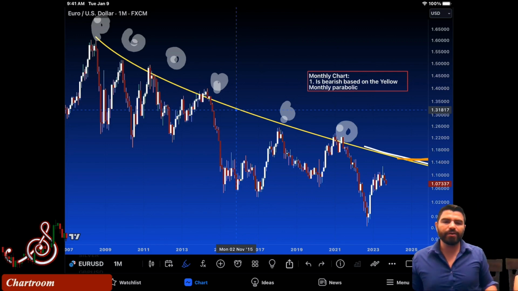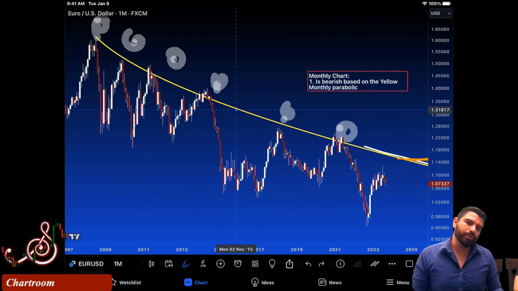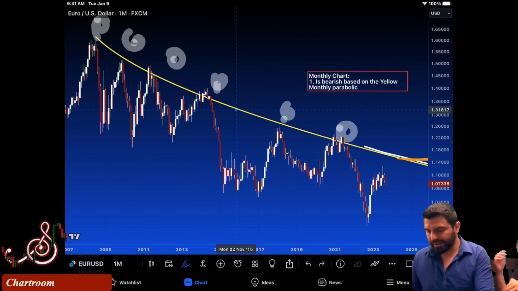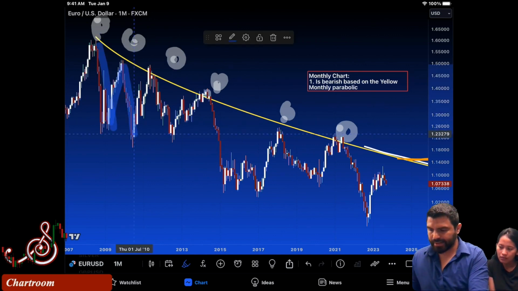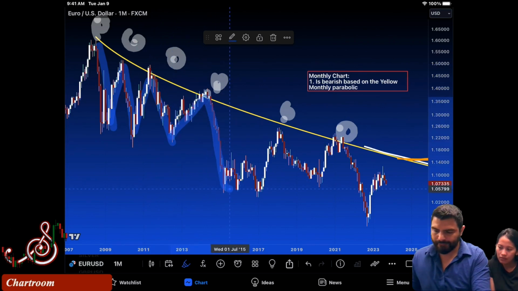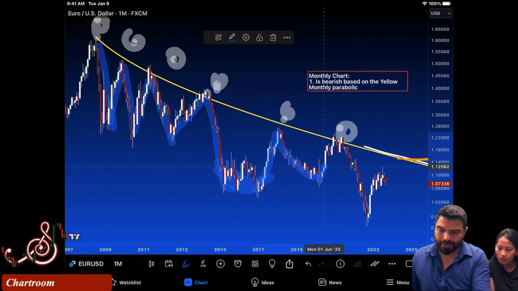Okay, so show me now where the next point of weakness is on this chart. Let's go step by step. Examine the flow first. And I usually draw it with a blue highlighter. Up, down, up, down, up, down. Rounding action here. Up, down, rounding action.